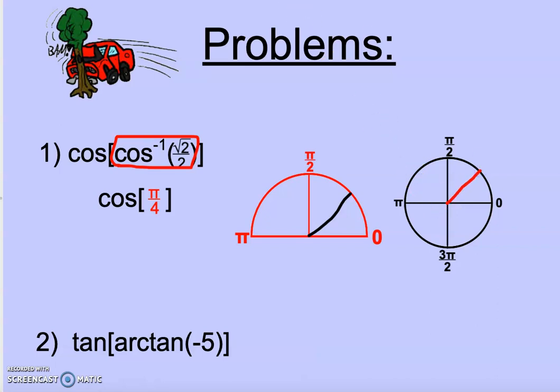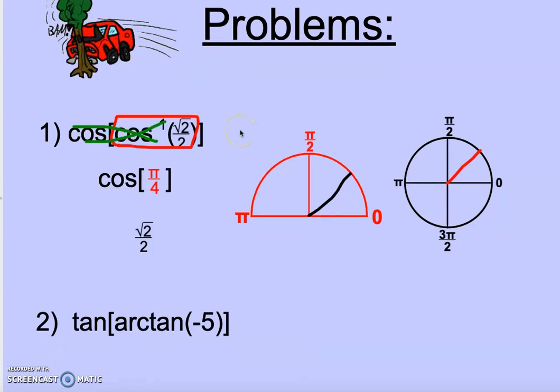And I know that the cosine of pi fourths is none other than radical 2 over 2. And oh, that makes sense. Because usually when a function comes across its inverse, it's as though they just kind of cancel each other out. And you're left with whatever you started with, radical 2 over 2. And that's usually what happens.